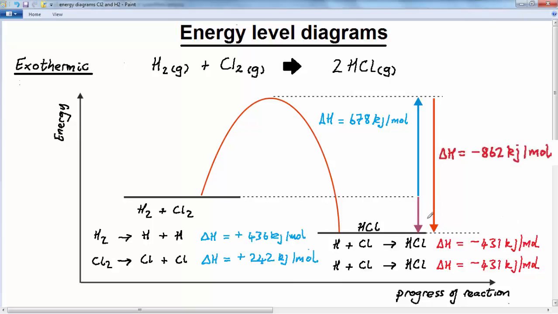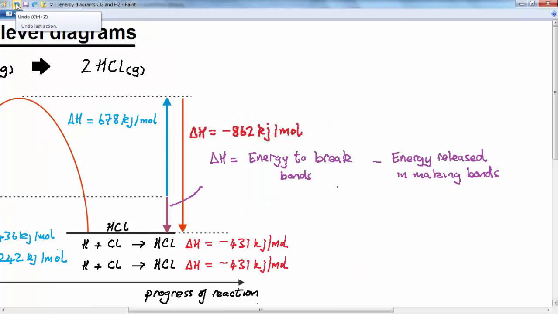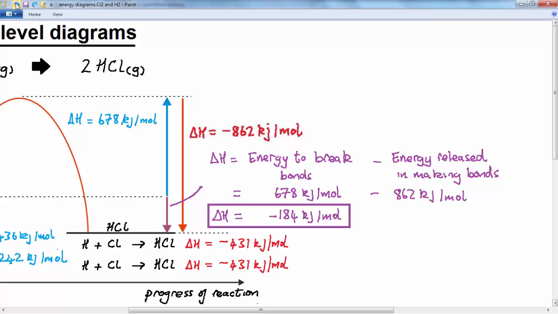And so the total enthalpy change for this reaction is the energy required to break the bonds, again that's represented by the up blue arrow, minus the energy released when the new bonds are formed, that's represented by the red down arrow, which is equal to 678 kilojoules per mole minus 862 kilojoules per mole, which is equal to a delta H, a change in enthalpy of minus 184 kilojoules per mole.